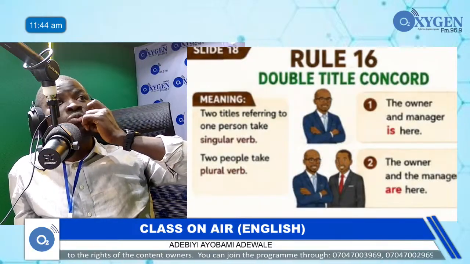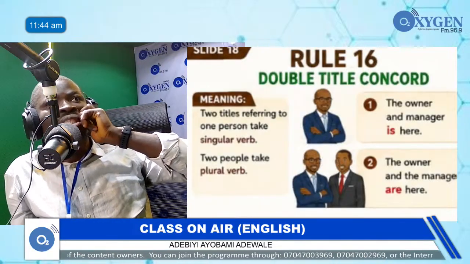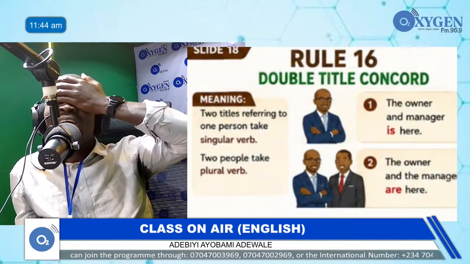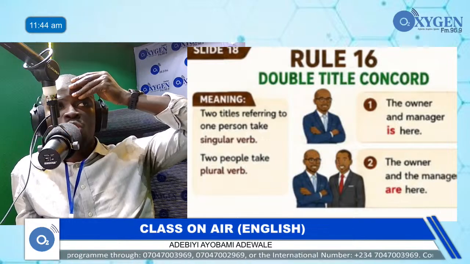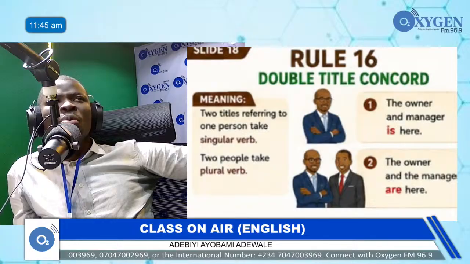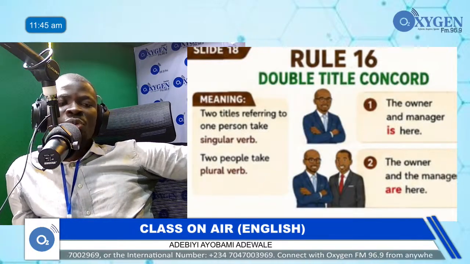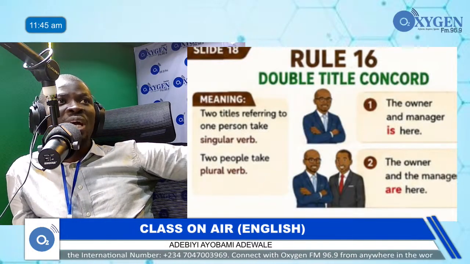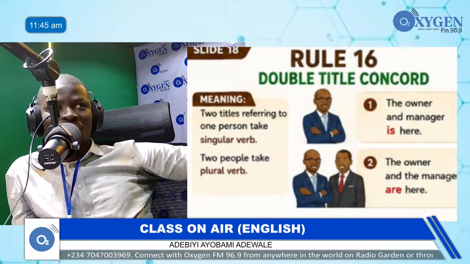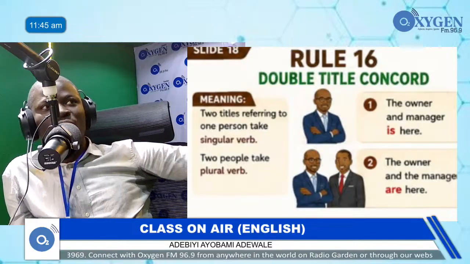So look at this: two titles referring to one person take a singular verb, and there is a caveat here that we need to note. Two people take a plural verb. When we have two titles referring to the same person, the verb will be singular.